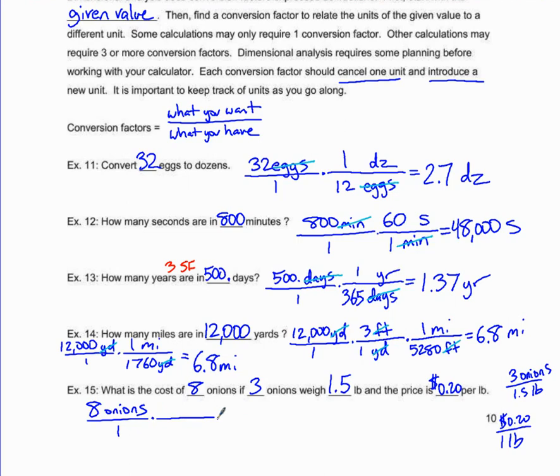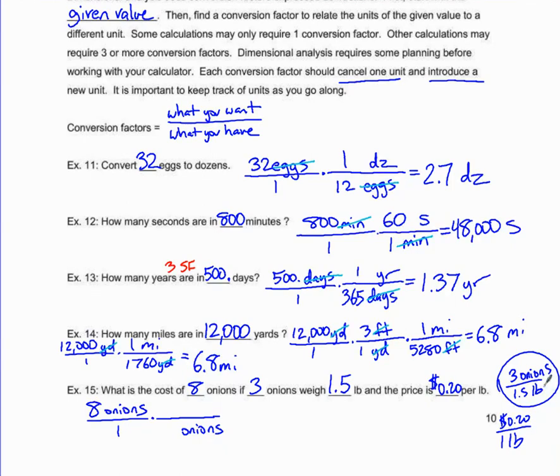And my first conversion factor. Now I want one that relates onions to something else. So I want to make sure that onions cancels. Well, I don't see anything with onions on bottom, but I do see this one, 3 onions per 1.5 pounds.